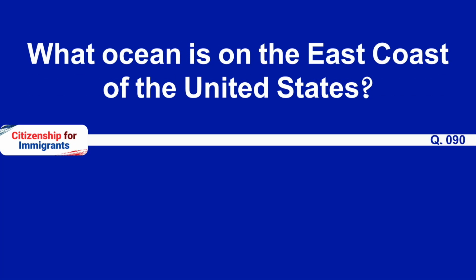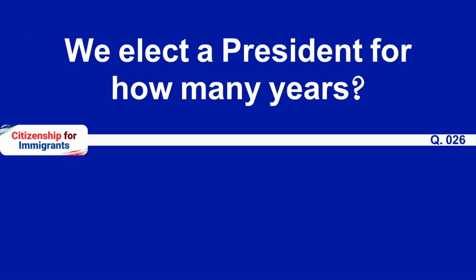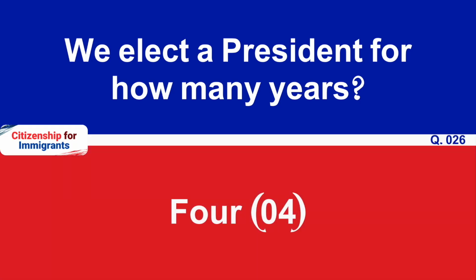What ocean is on the east coast of the United States? Atlantic Ocean. We elect a president for how many years? Four.